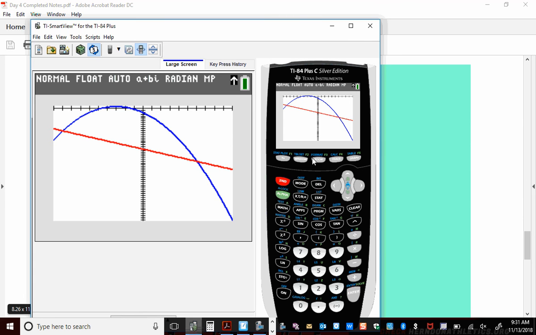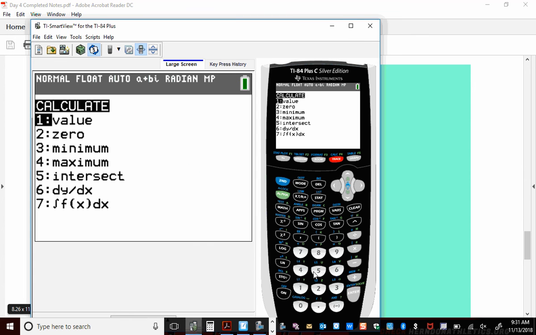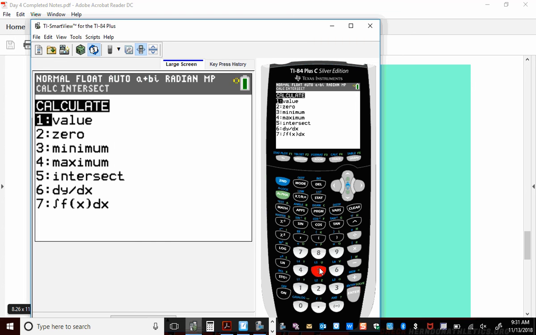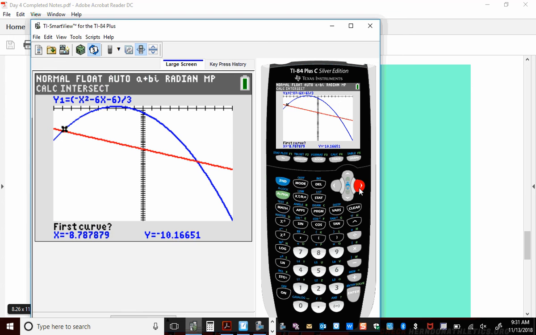So then I could do second trace, intersection, then we're going to hit enter. So that's how we get -9, -11. And then I hit second trace and I get the other intersection.